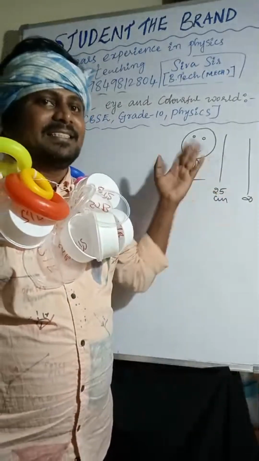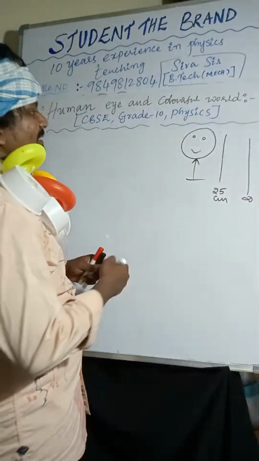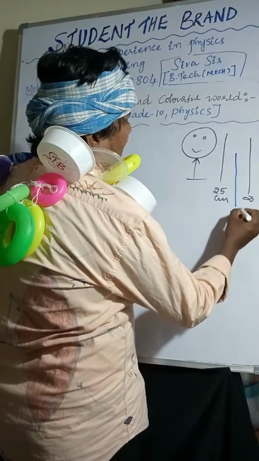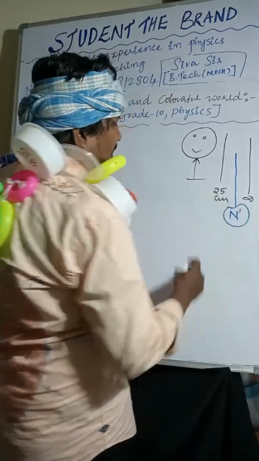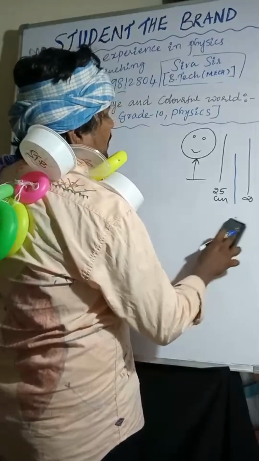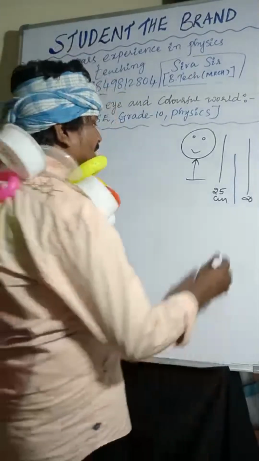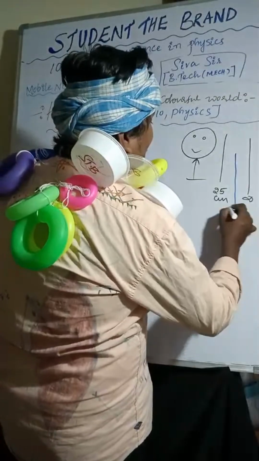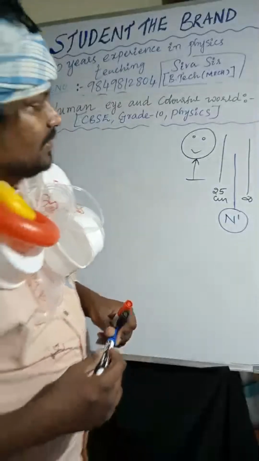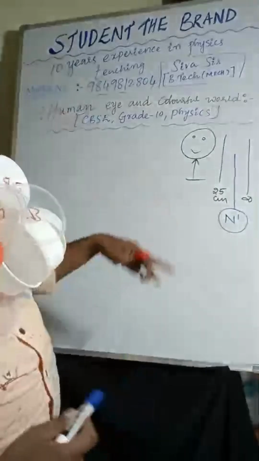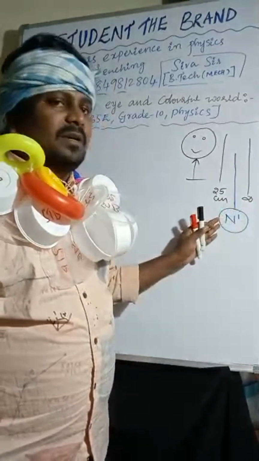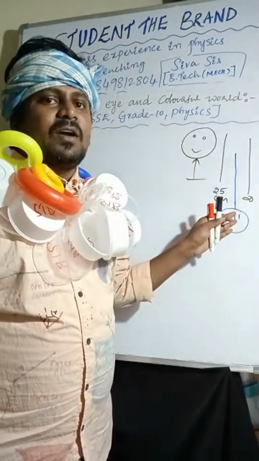For that correction, somewhere between infinity and 25 centimeter you can see, and that is the near point of the hypermetropic eye.